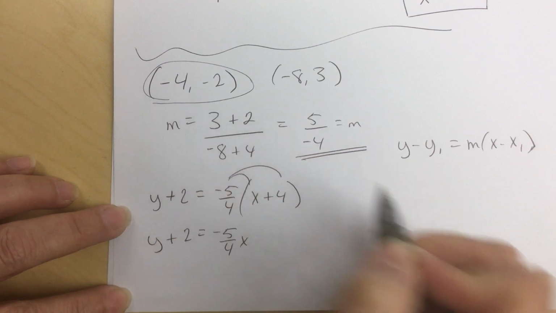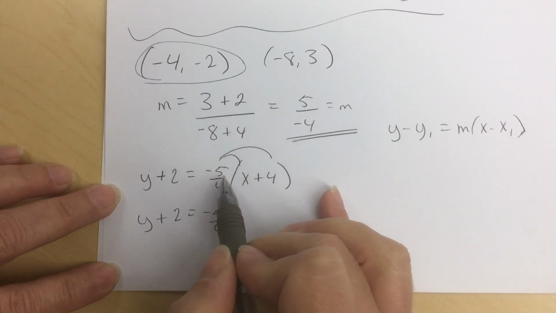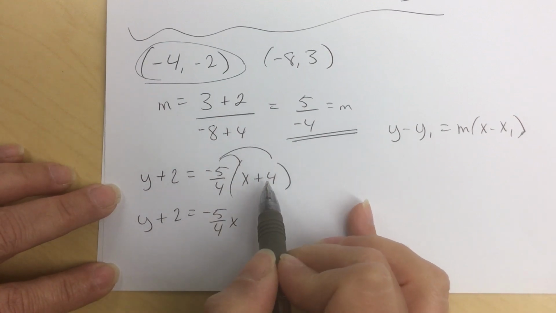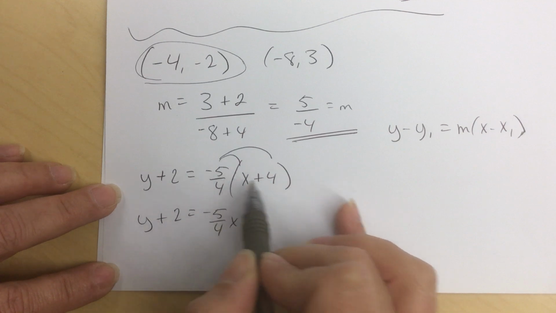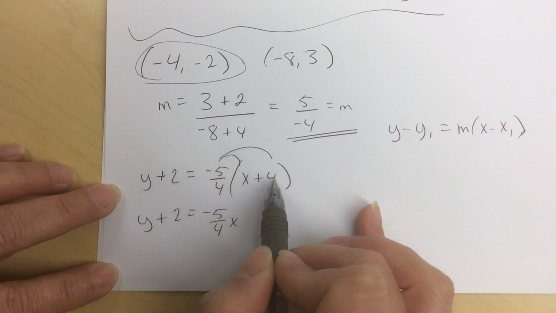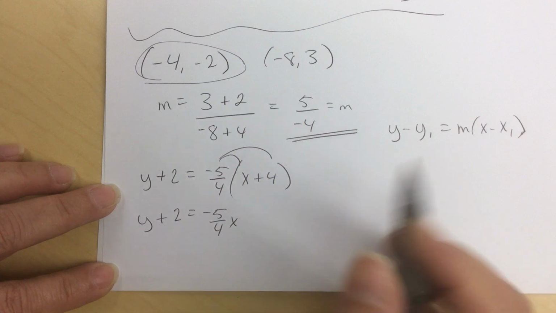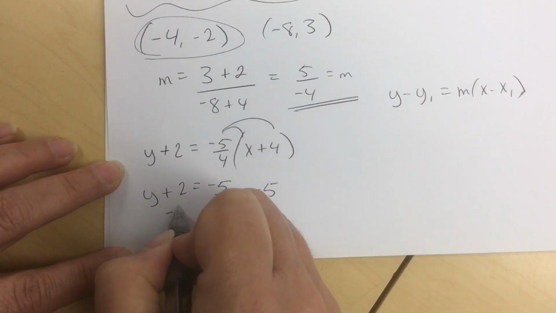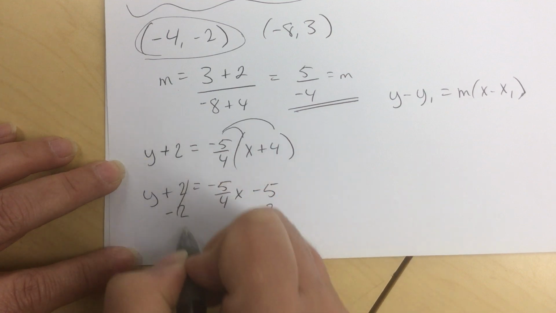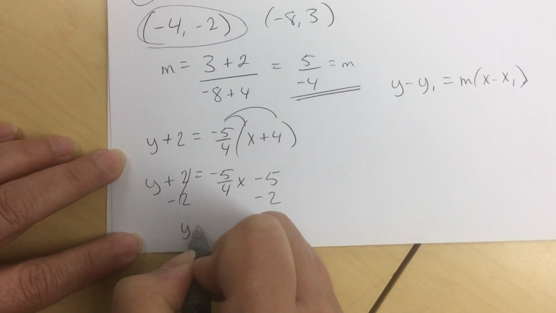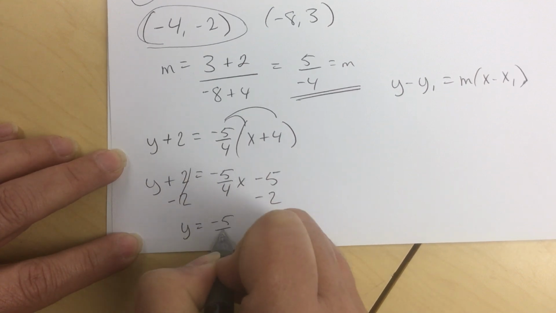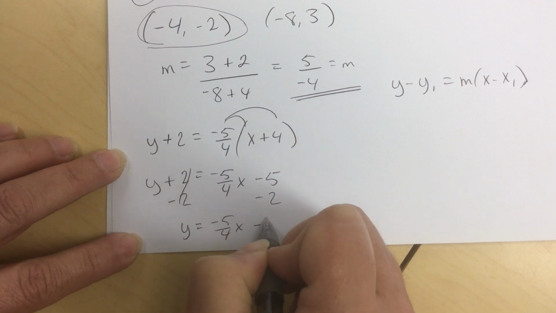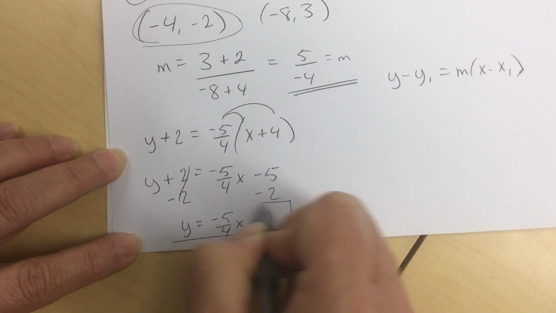Then when you take that times that, remember 5 times 4 is 20, and 20 divided by 4 is 5. You take the top number times that, and you divide by the bottom number. So I have negative 5. Then I'm going to subtract 2 from both sides to get my y alone. So my answer is y equals negative 5/4 x minus 7.